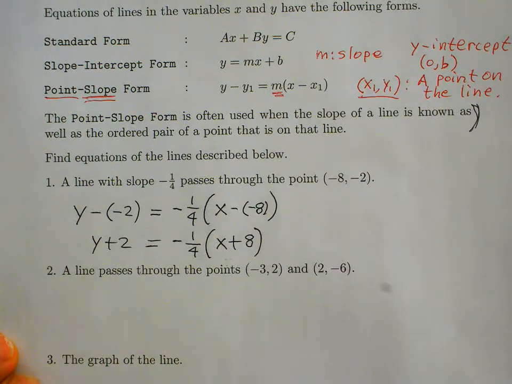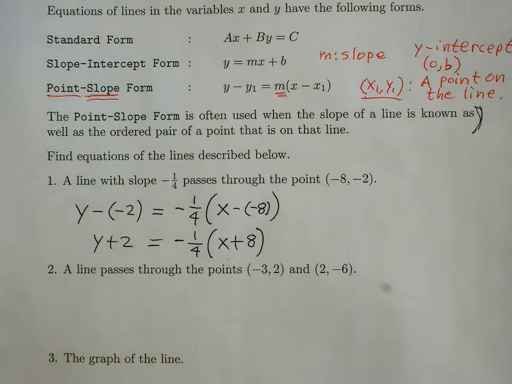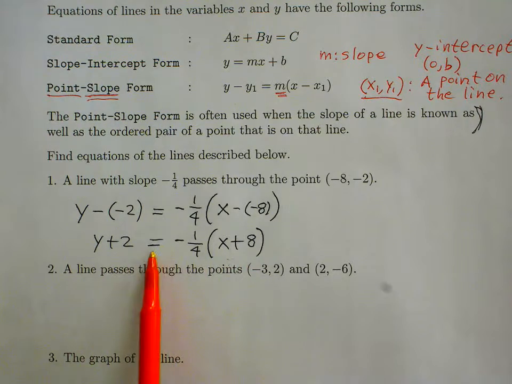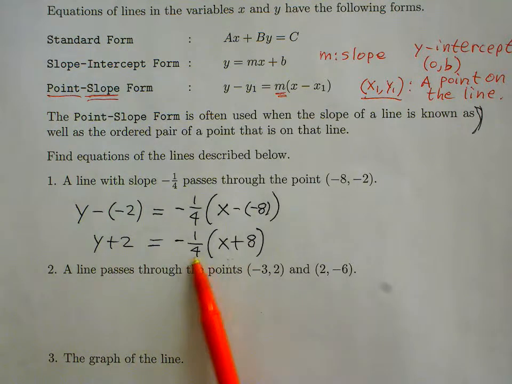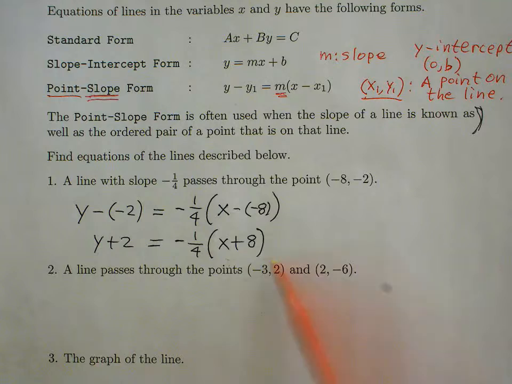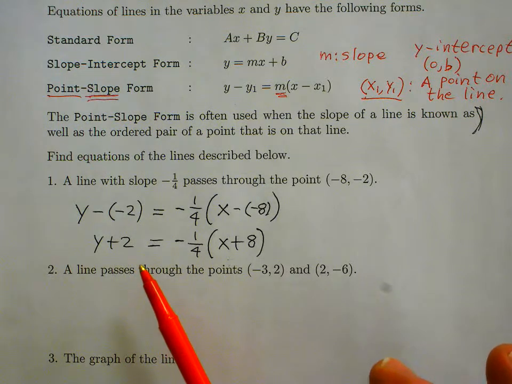Depending upon the directions determines what you do next. If all you're supposed to do is find an equation for the line, then this is an equation for the line. This would be a satisfactory answer. But at times you'll see instructions that say write the equation in slope-intercept form.